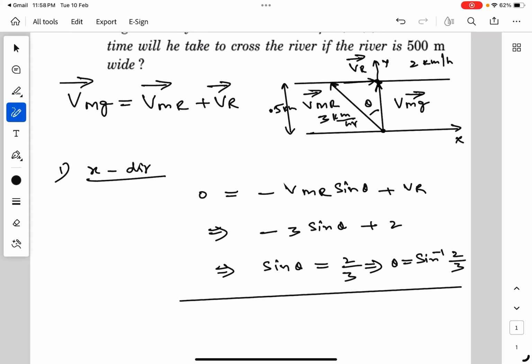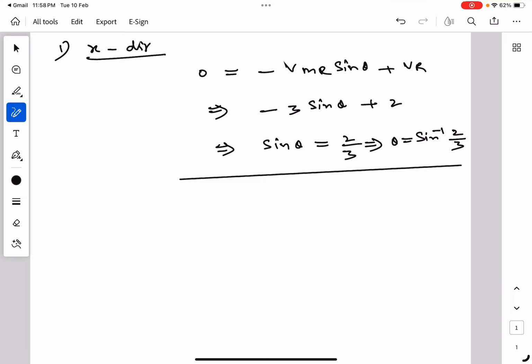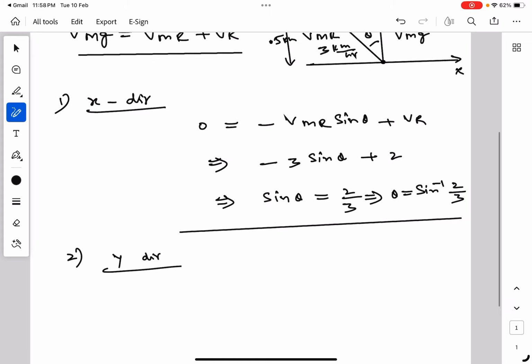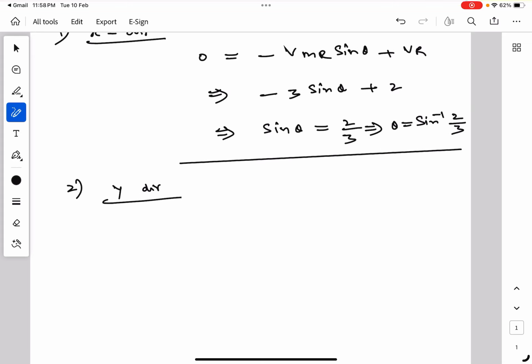Now let us equate the component of this equation in y direction. So this will give us velocity of man with respect to ground equal to velocity of man with respect to river cos theta, and velocity of river in the y direction is 0.